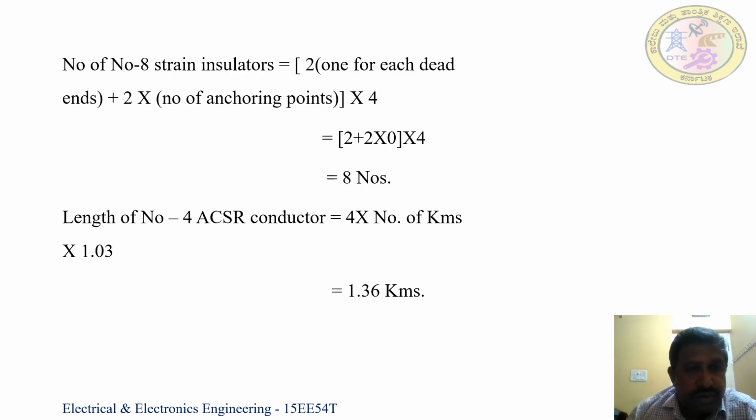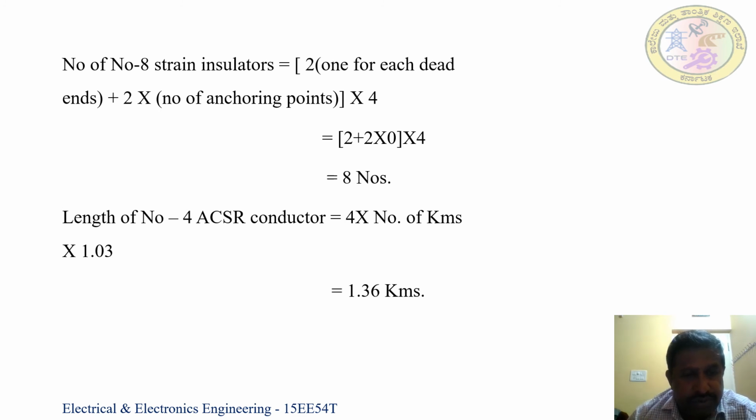Then the next item is number 8 strain insulators, that is equal to 2, 1 for each dead end plus 2 into number of anchoring points, total into 4. Here number of anchoring points 0, so then we are going to get 2 plus 2 into 0, so that is 2 into 4, that gives 8 numbers.